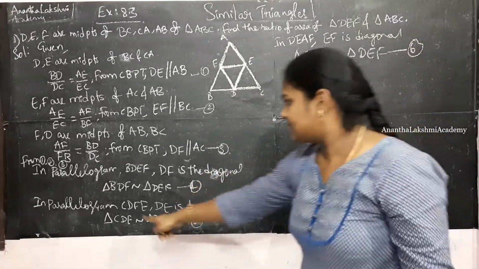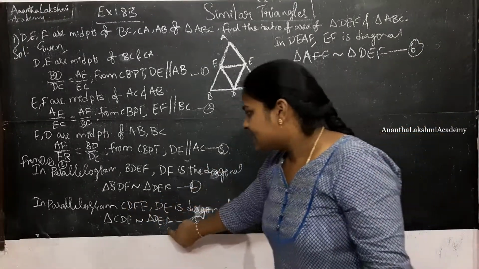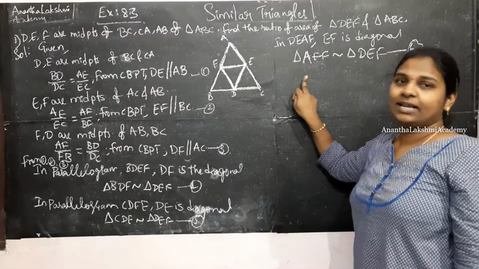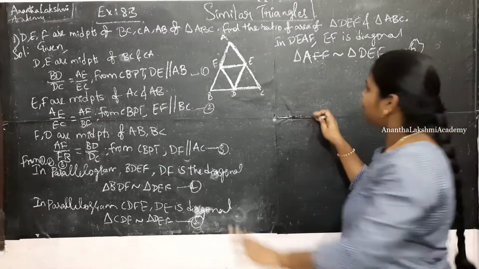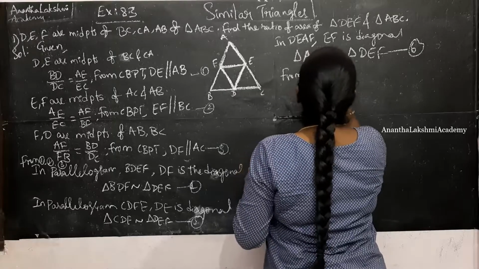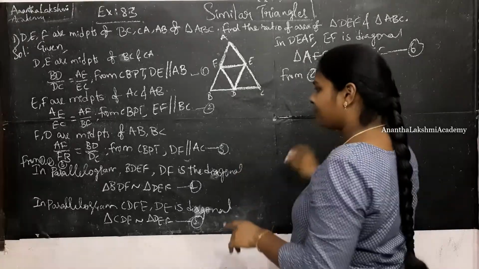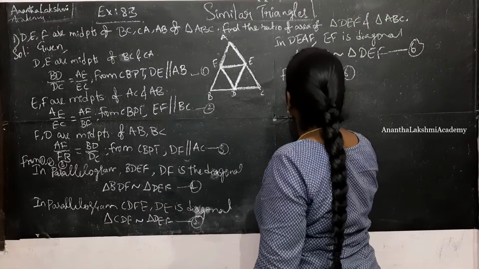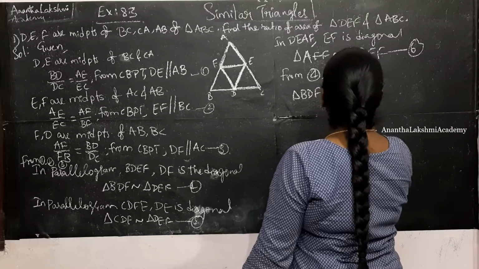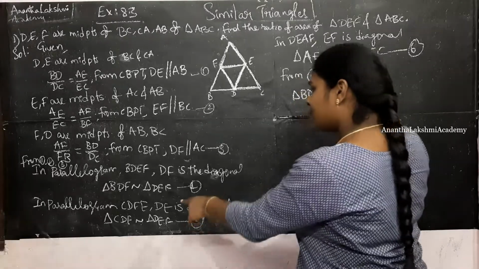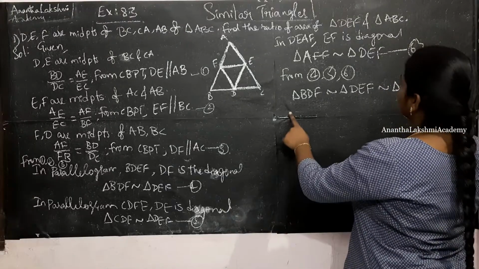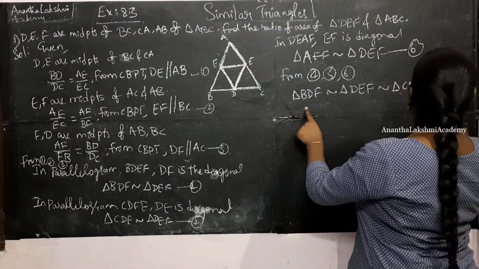If you see this, BDF is similar to DEF, DEF is similar to CDE, and DEF is also similar to triangle AEF. Now from 4, 5 and 6, I am going to write triangle BDF similar to triangle DEF, similar to triangle CDE, similar to triangle AEF.